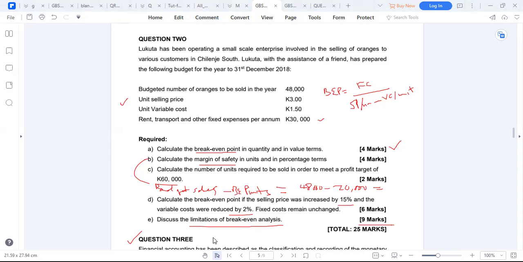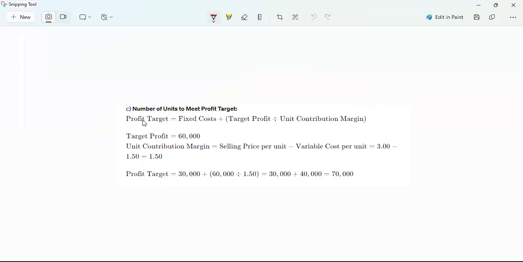Is it fixed cost plus targeted profit over, I don't know if it's contribution per unit or BEP, I'm not so sure. Yes, correct. I think contribution per unit. Precisely, that's the answer. So the targeted profit, we need to calculate the fixed cost plus targeted profit divided by the contribution per unit. Our target profit we've been told is 60,000.